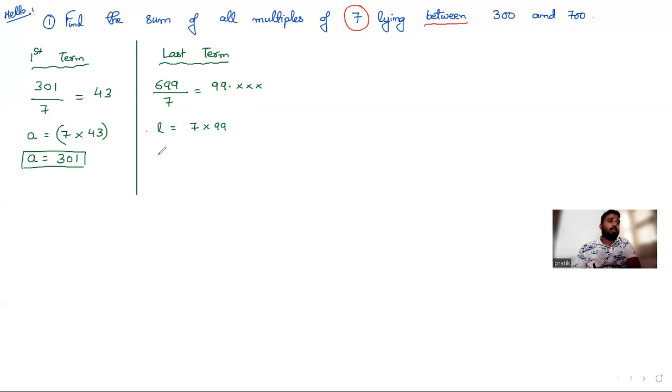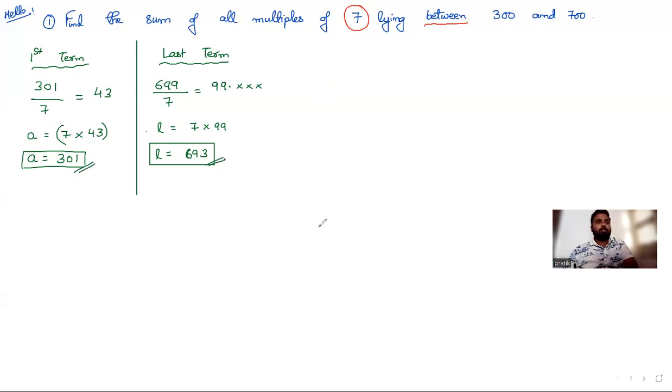So when I do 7 into 99, 7 nines are 63, and 7 nines are 63 plus 6, which is nothing but 693. So these are your first term and the last term.